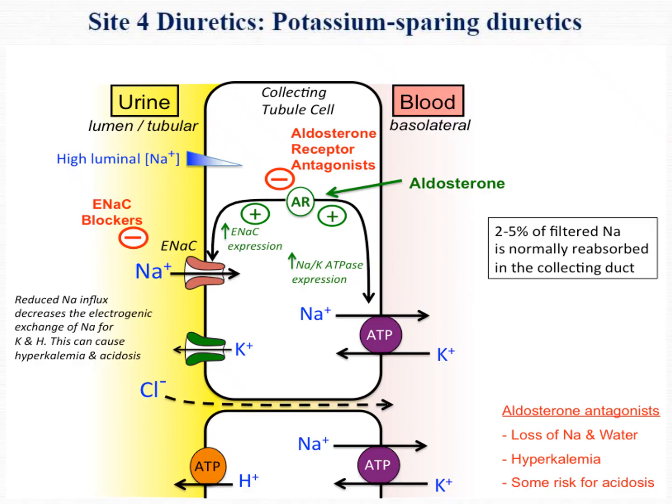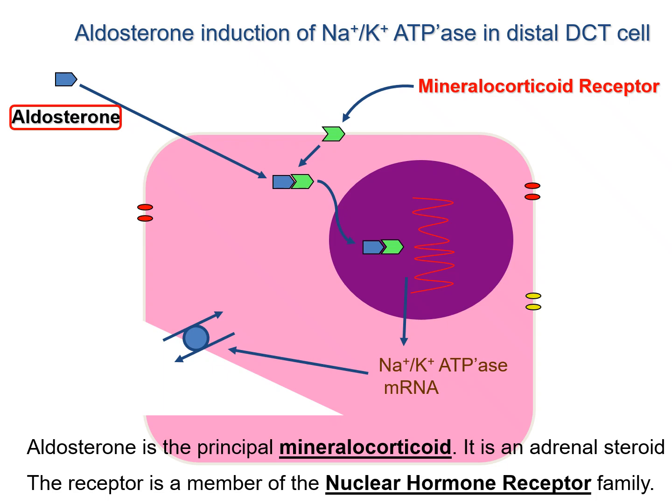The most important of these two types of drugs are the ones that work as aldosterone receptor antagonists, and those basically inhibit the effect of aldosterone of increasing the production of sodium potassium ATPase. And this is what we see in the next slide.